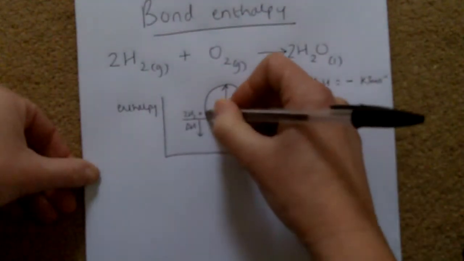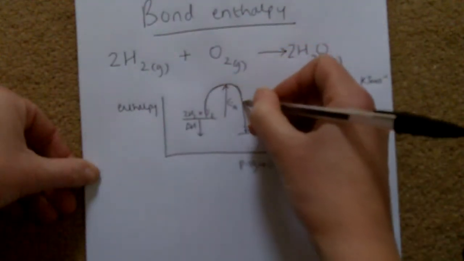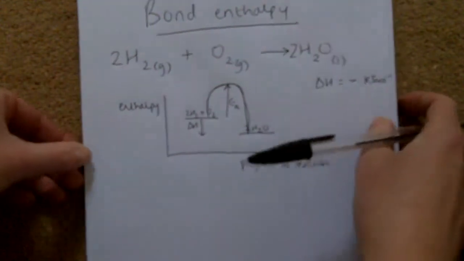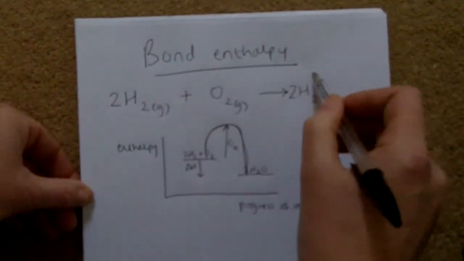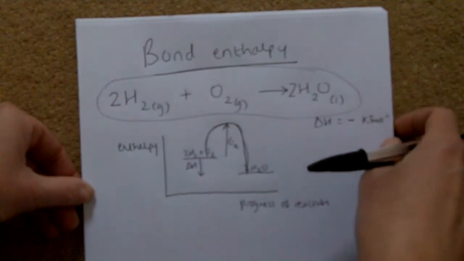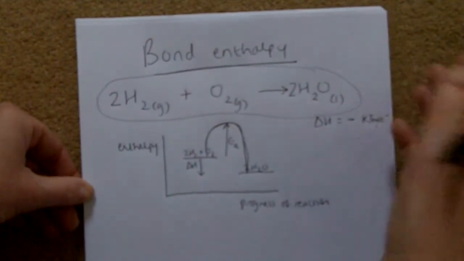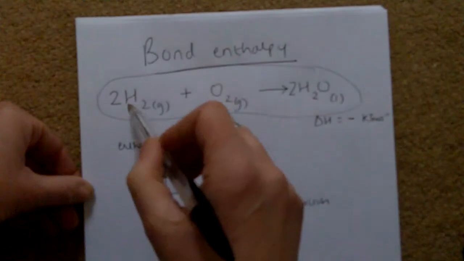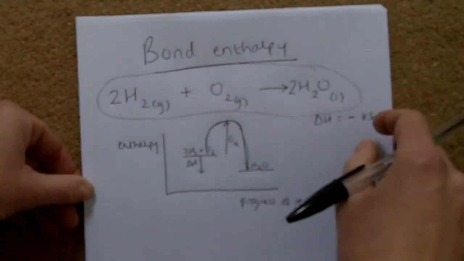But what does this actually mean when we draw it like this? In order for this reaction to happen, what needs to happen first in order for hydrogen and oxygen to make water?